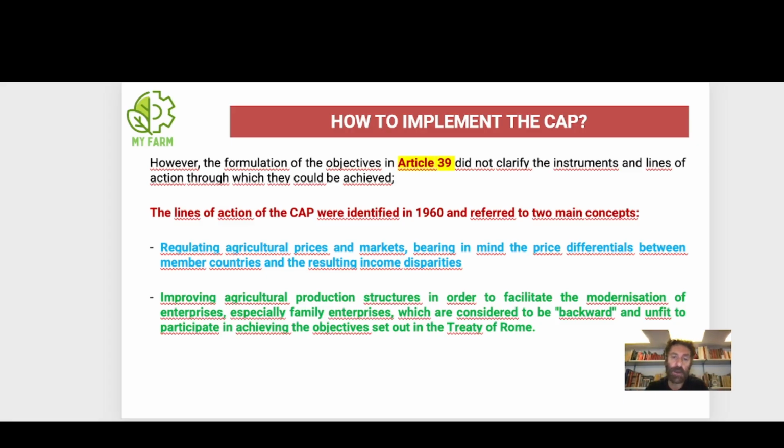Keep in mind that this kind of intervention in fact abolished the question of price volatility on the global market, because we have a substantial stability of prices for farmers.